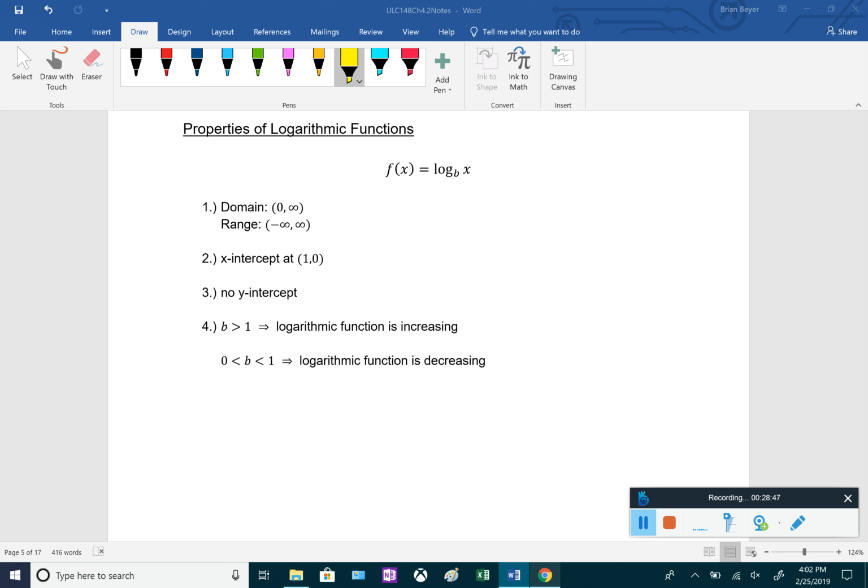So inverse functions have flip-flopped domain and ranges. Then the x-intercept for these is going to be at the point 1 comma 0. There is no y-intercept. That's because there is a vertical asymptote at x equals 0, which is the y-axis. And if the base is greater than 1, it is going to be increasing. If it's between 0 and 1, it is decreasing.